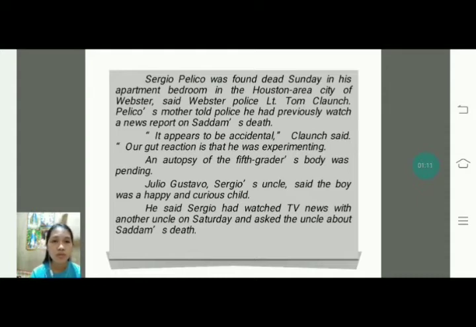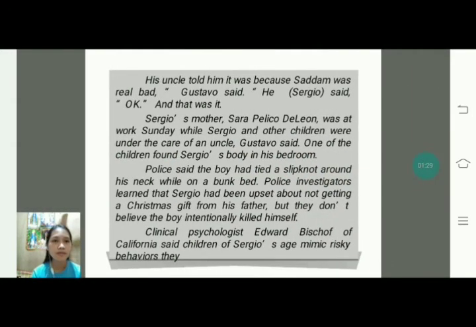Julio Gustavo, Sergio's uncle, said the boy was a happy and curious child. He said Sergio had watched TV news with another uncle on Saturday and asked the uncle about Saddam's death. His uncle told him it was because Saddam was real bad, Gustavo said.